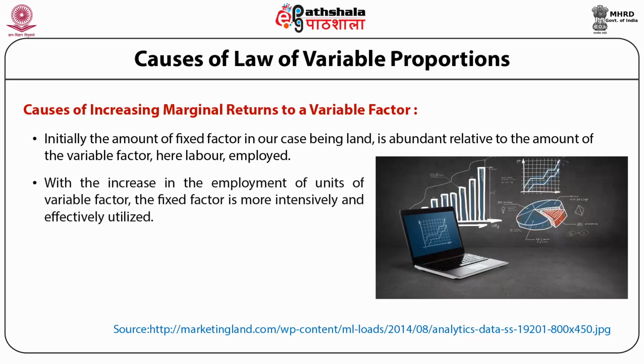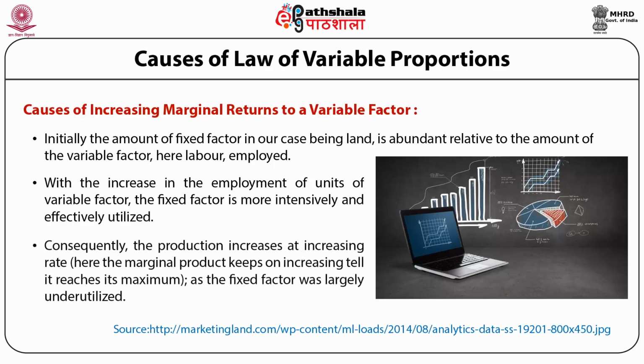With the increase in the employment of units of variable factor, the fixed factor is more intensively and effectively utilized. Consequently, production increases at an increasing rate. Here, the marginal product keeps on increasing till it reaches its maximum.